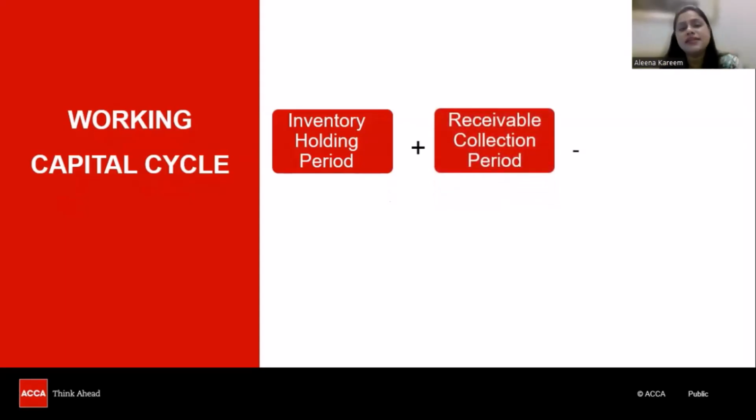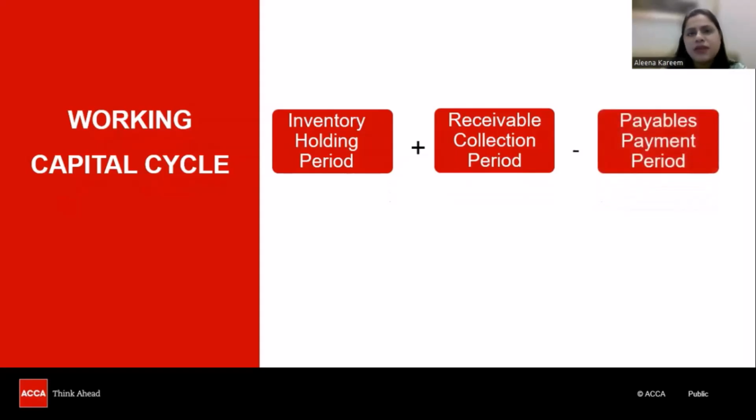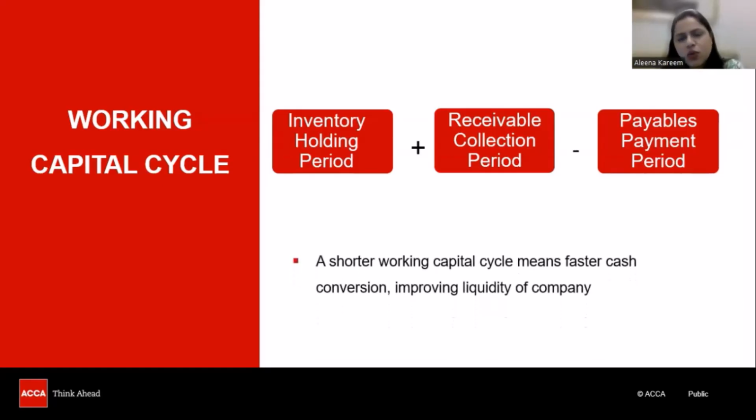Again, we've made the sale and our cash is stuck. It's a receivable period, so it only talks about the credit sales. And lastly, the payables payment period, where we have made a stop to the cash that we have to pay to someone else. So this is what regulates our working capital cycle: inventory days plus receivable collection days minus the payable payment period. All of this together is going to calculate our working capital cycle.